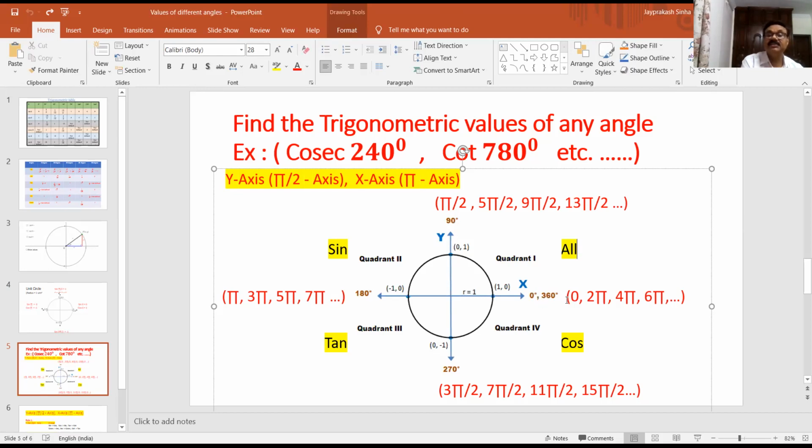See, this is 0 degree, this is pi by 2, this is pi, this is 3 pi by 2, and then again it is 2 pi.